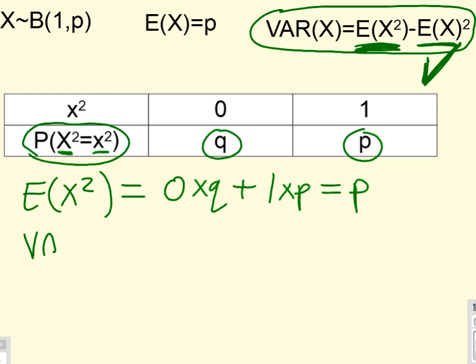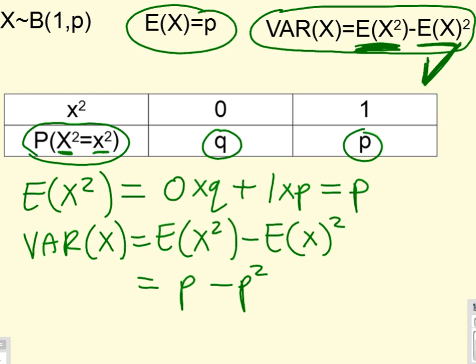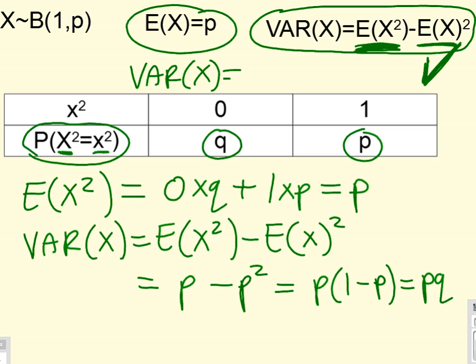And the formula tells us the variance of x is the expected value of x squared minus the expected value of x, squared. That's p minus what we did previously, p squared. Common factor of p, 1 minus p, which is pq. So the variance of x is pq. In fact, it's 1pq.